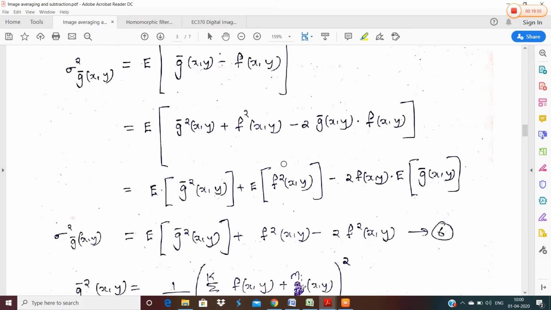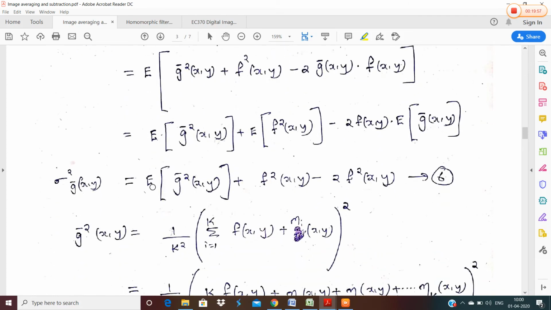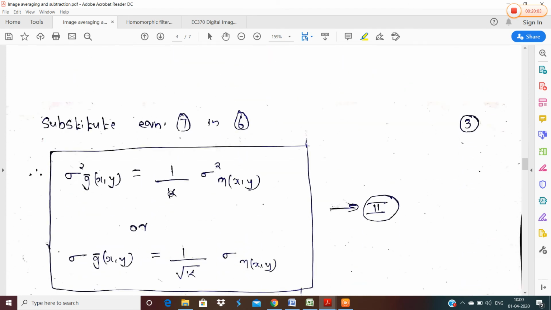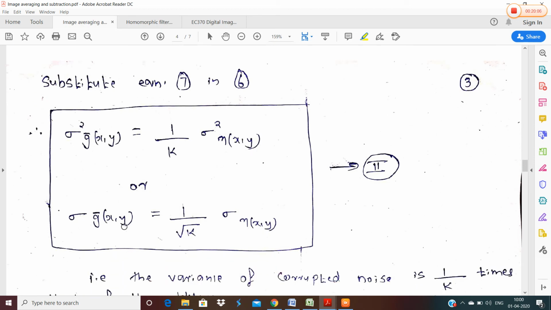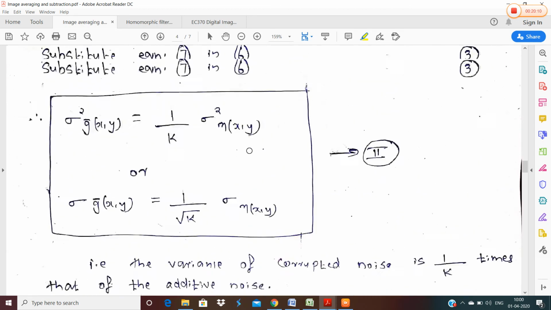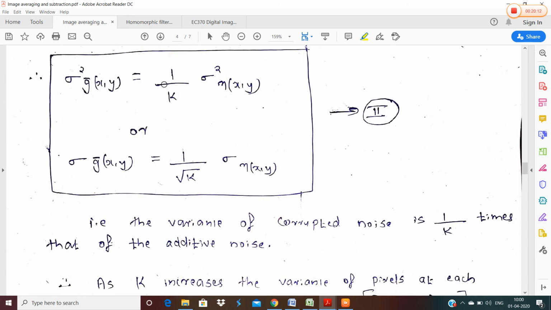We will substitute this in this equation. So finally you will get the variance of g bar as 1 by k sigma square eta, or the standard deviation, like this. And as k increases, this value gets diminished, so the variance becomes zero.